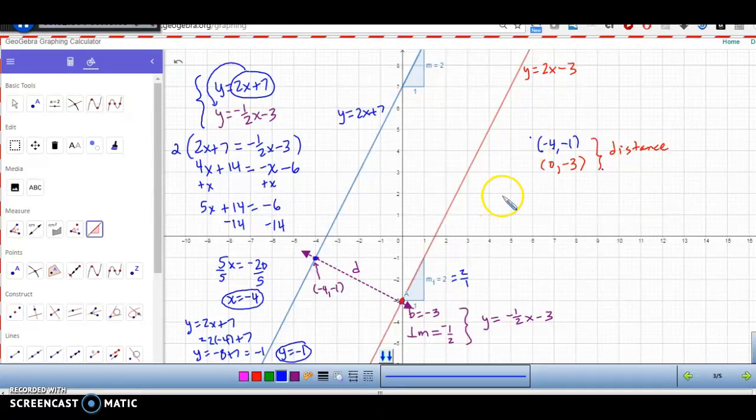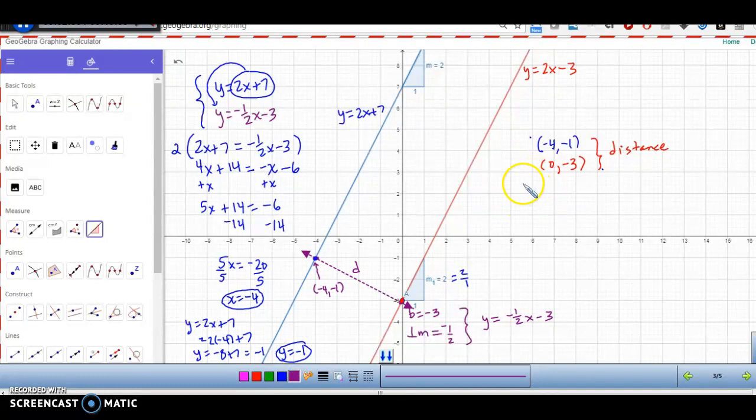And of course, to find this distance, if we wanted to, we could go to the graph and draw a right triangle and use the Pythagorean theorem, but that would kind of defeat the purpose of our algebraic theme here. So we really should use the distance formula.